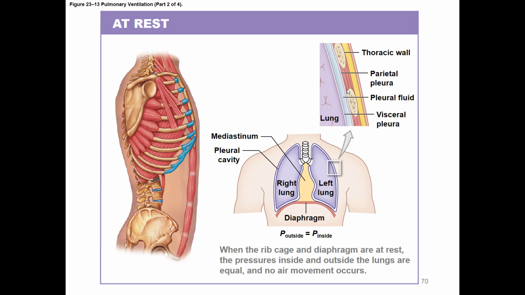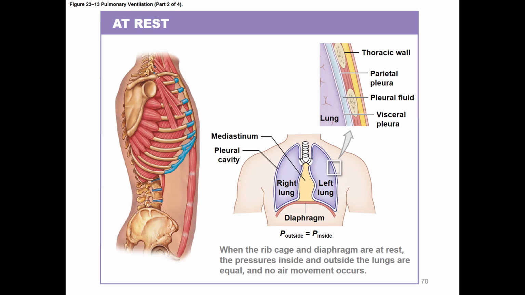So if you've ever picked up a glass at a restaurant and the coaster is attached to your glass, that's kind of the same as this suction between the lung and the rib cage. So when the rib cage goes out, the lung will follow because the lung is suctioned to the rib cage, just like that glass is suctioned to the coaster or to the table.